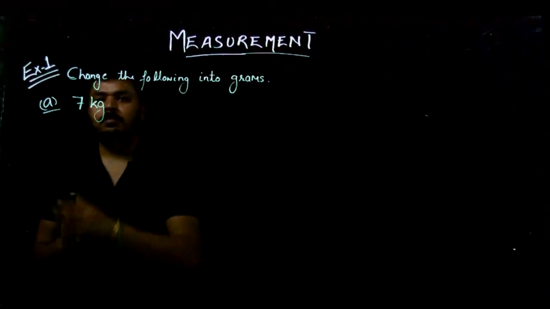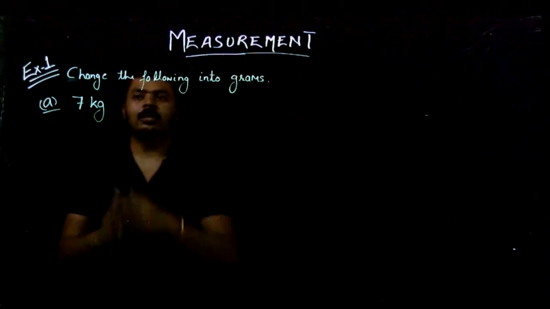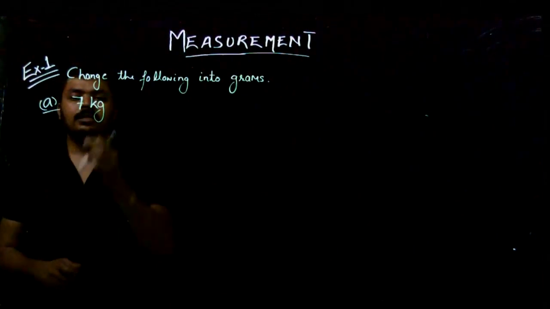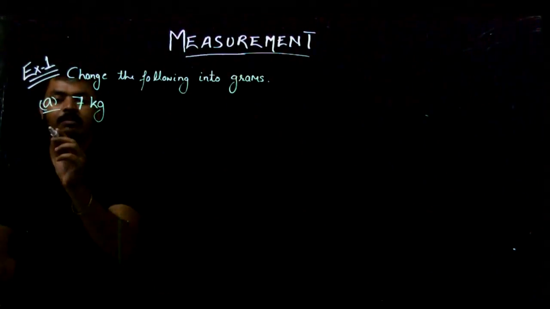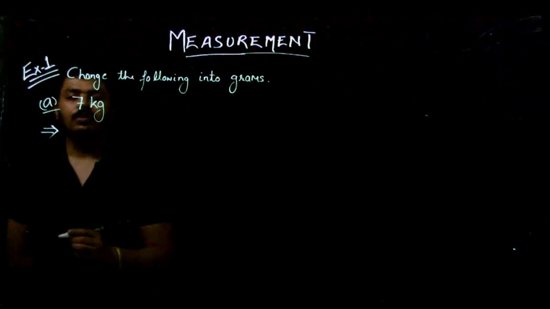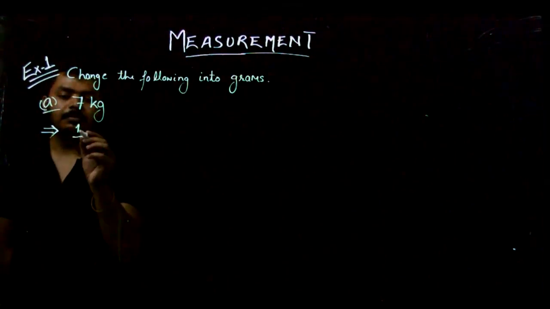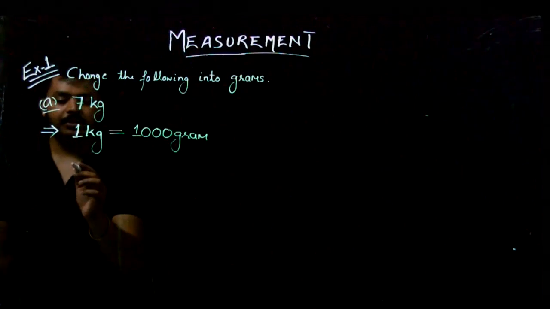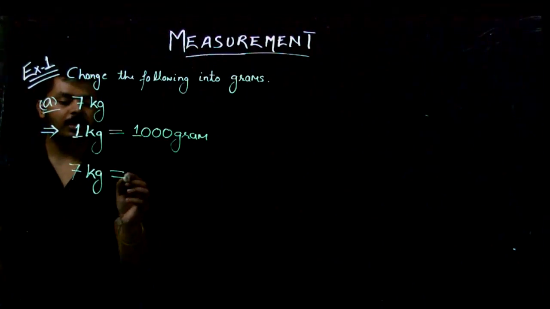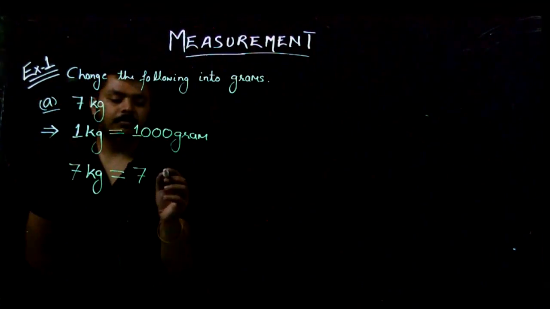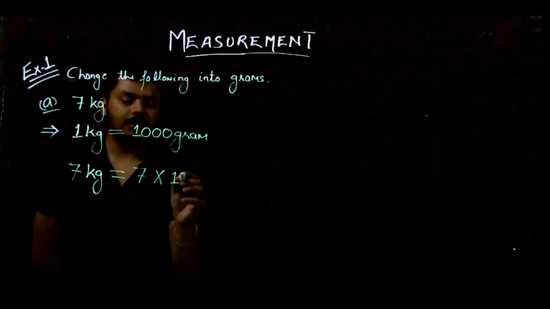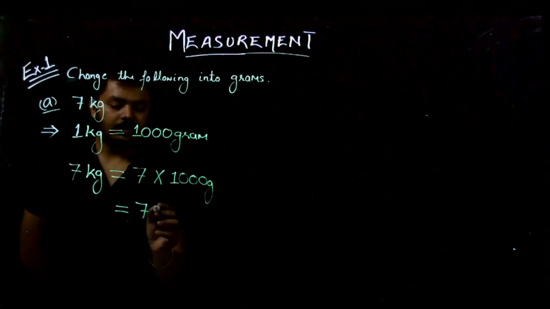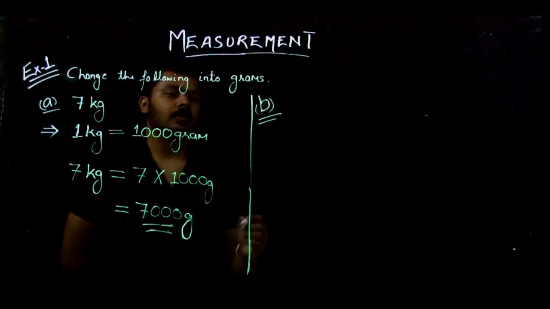Now let's see example number 1. Change the following into grams. Part A is 7 kg, that is 7 kilogram. So let's start. We know that 1 kilogram is equal to 1000 grams. So 7 kilogram will be equal to 7 multiplied by 1000 grams, which is equal to 7000 grams.